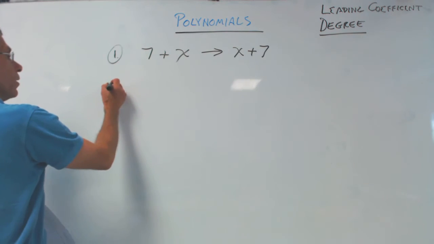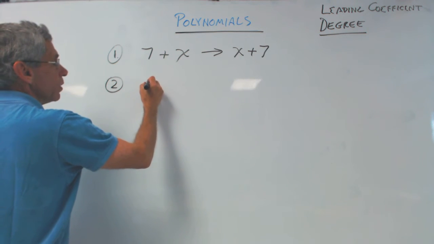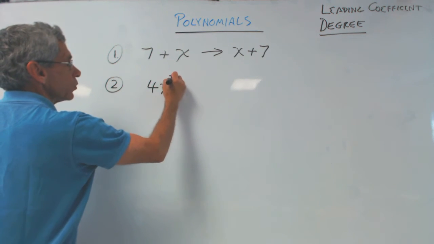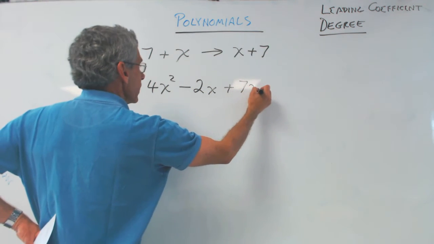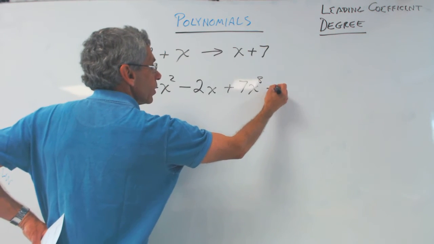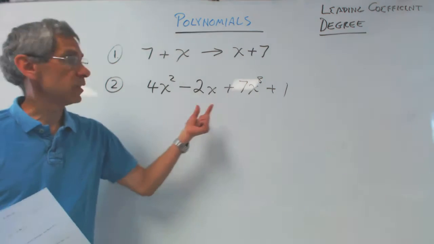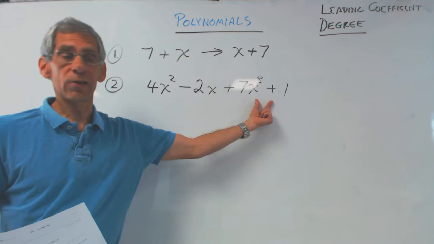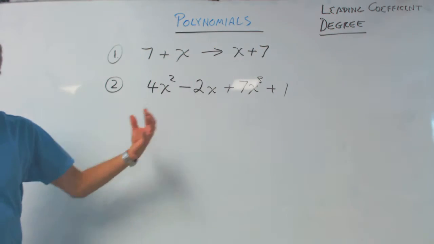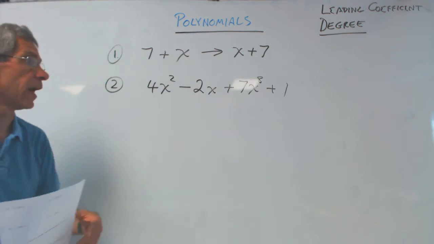All right, so another example would be, what if I gave you 4x squared minus 2x plus 7x to the 8th plus 1. Now, the next rule is that when there are different x's, this is an x squared, this is an x to the 1, this is an x to the 8th, this is no x, you want the x's first, starting with the highest exponent and going down like a ladder, okay?